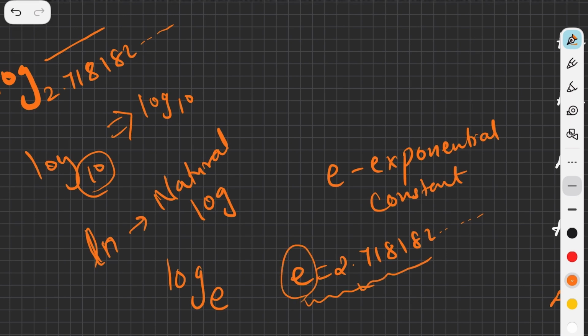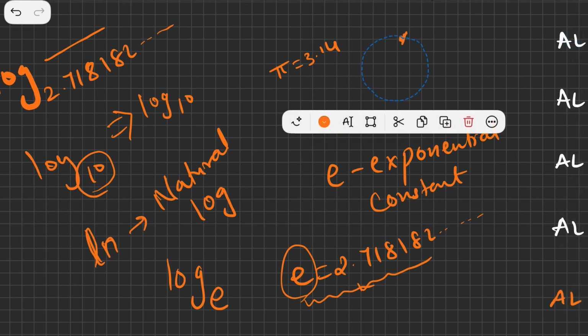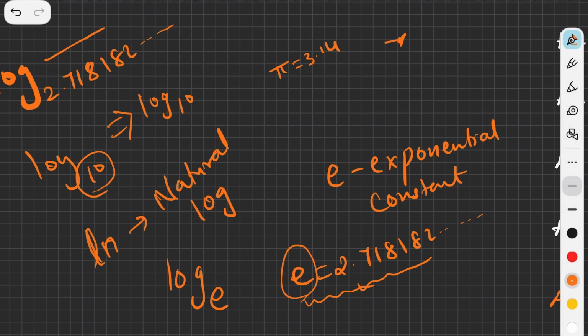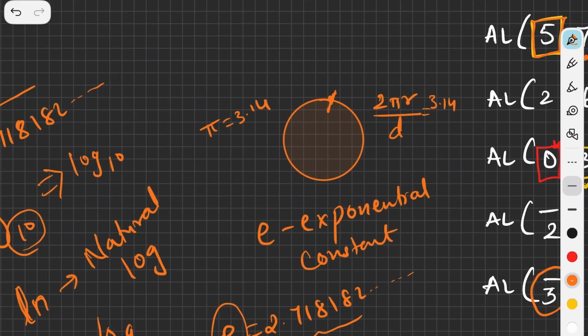Like how pi is. Pi has a value of 3.14. If you take any circle, the circumference, that is 2 pi r, and you divide it by its diameter, you will always get this value of 3.14.